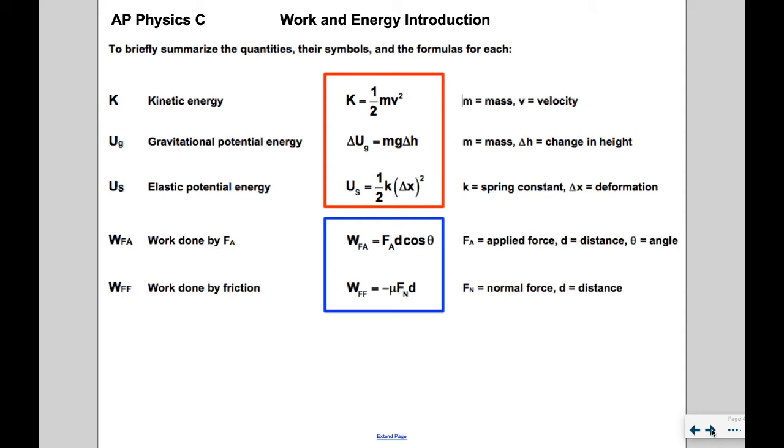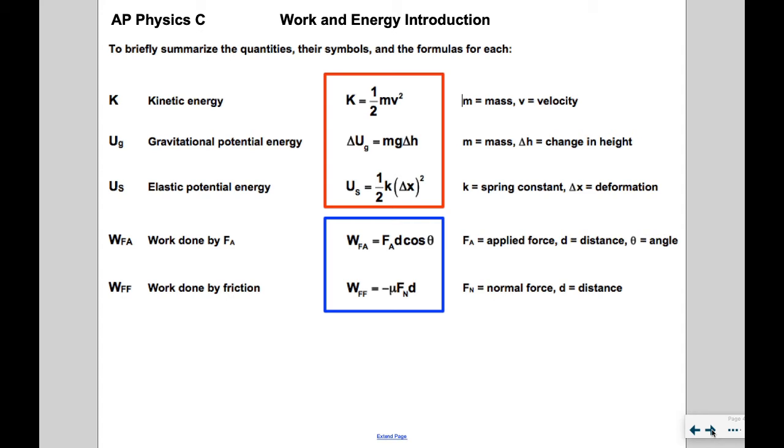One of the things that we did last year was establish where h equals 0. And we said that we would normally make that the lowest point that the object would reach, and this way mgh would never be negative.